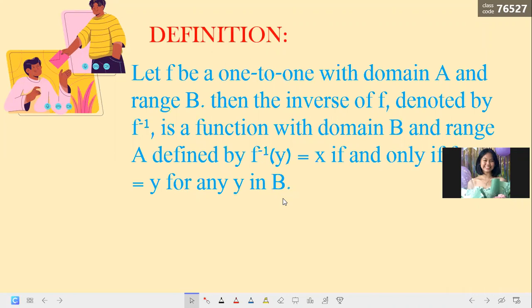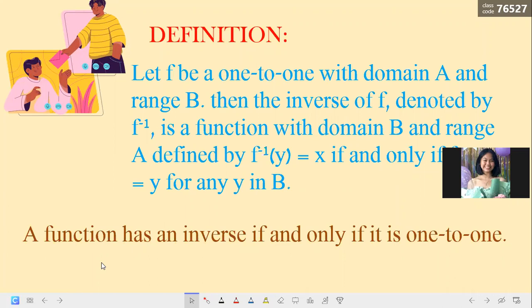Sabi sa atin, let f be a one-to-one function with domain A and range B. Then the inverse of f denoted by f of -1, so that's the notation for the inverse of a given function if it is one-to-one, is a function with domain B and range A defined by f of -1 of y is equal to x if and only if f of x is equal to y for any y in B. So in short, kapag ang function ay one-to-one at ang domain niya ay si A at ang range niya ay si B, then ang inverse niya ay magkakaroon ng domain na B at range na A. Ibig sabihin, the domain and the range of the original function, i-reverse nyo siya for the domain and the range of the inverse function. Okay? So ganun lang ang pagkuha ng domain and range nun.